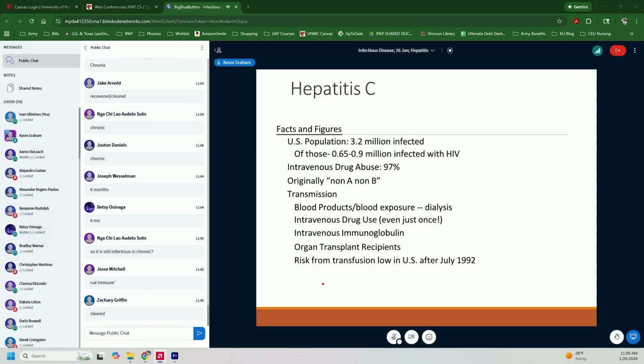So classic test questions go, hey, which of these is higher risk for hepatitis C? And it might be somebody who had an organ transplant or blood transfusion in the 70s or 80s, right? Well before a lot of the precautions that are currently being taken to prevent transmission of hepatitis C through those routes.